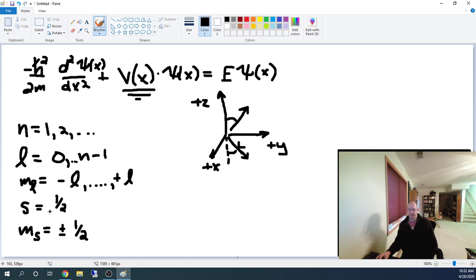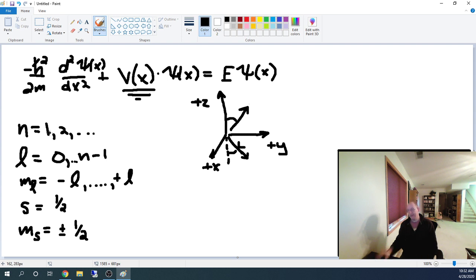Okay, so now the state of an electron in the hydrogen atom actually has 5 quantum numbers associated with it. n tells you something about the radial distribution of the electron. n is the principal quantum number.